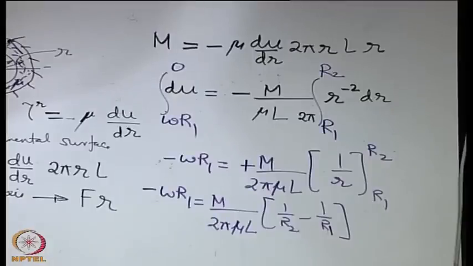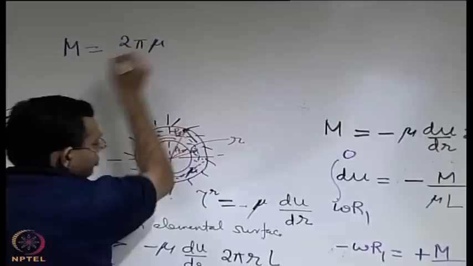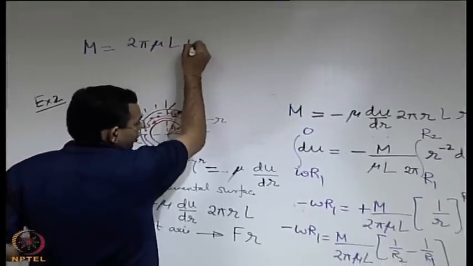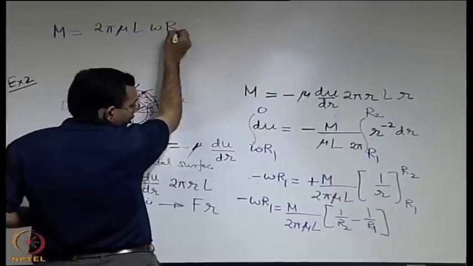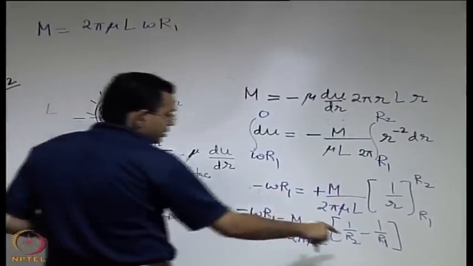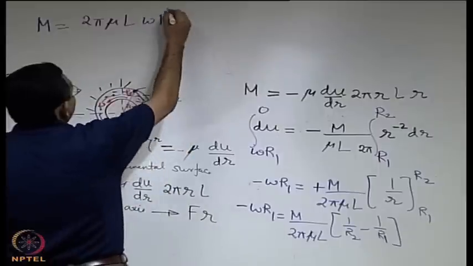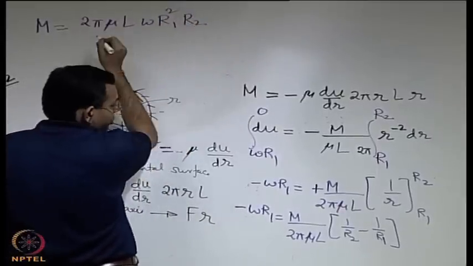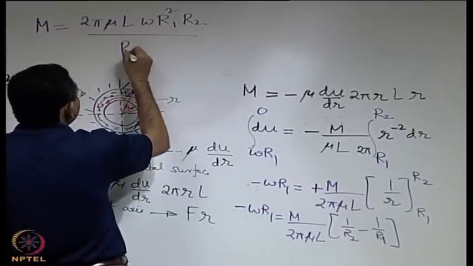You can simplify this and write m equal to 2 pi mu L omega, then r1, and if you simplify further, r1 r2 divided by r2 minus r1.